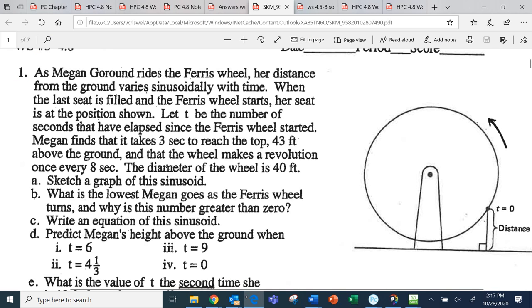The question is saying that we have this girl named Megan. Megan Go Round is her name. And she's riding a Ferris wheel. And her distance from the ground varies sinusoidally with time. When the last seat is filled and the Ferris wheel starts, her seat is at the position shown. So when the Ferris wheel starts, she's sitting there at that dot.